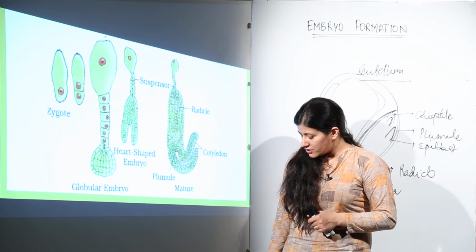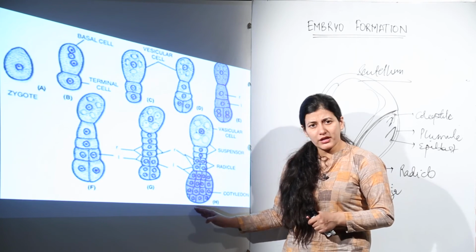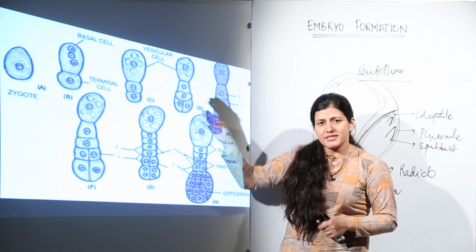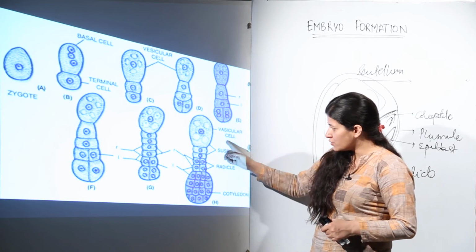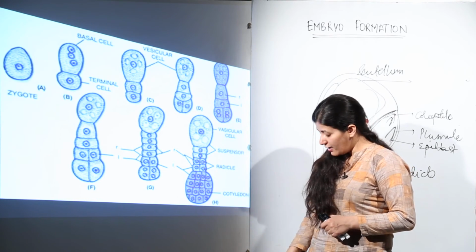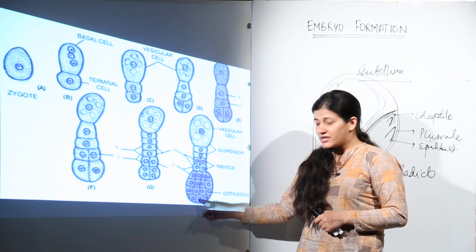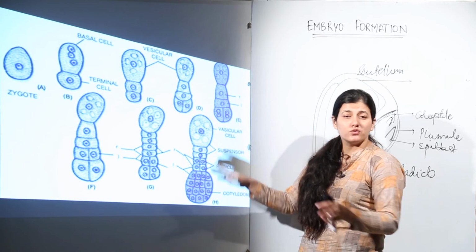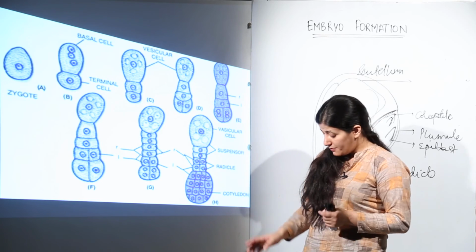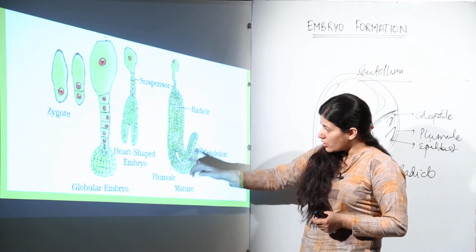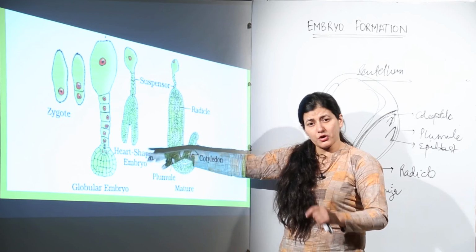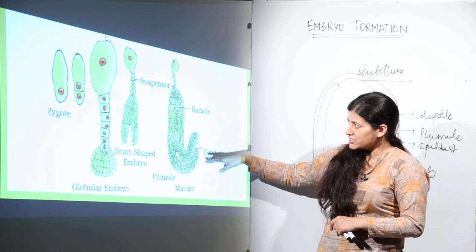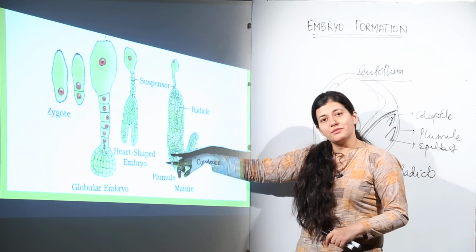I am going to ask you to see this all over again. These are the stages, showing how the cells are dividing and giving rise to respective parts of the embryo. Over here there is formation of a single cotyledon, because we do not have any heart-shaped globular embryo being formed, but because of the formation of a heart-shaped globular embryo, we have two cotyledons generated from the terminal cell.